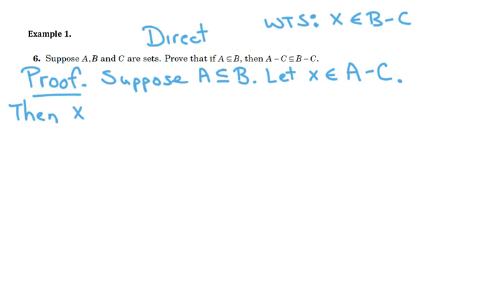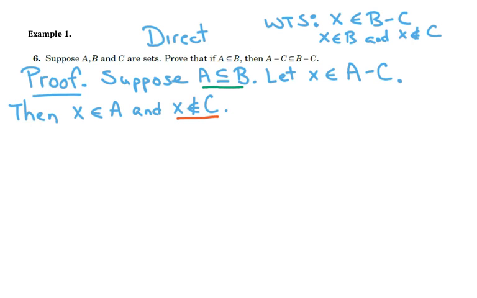Then x is in A and x is not in C. Okay? Now remember, I want to show that x is in B and x is not in C. So I already have part of my answer there. The other part comes from our supposition, what we assumed.